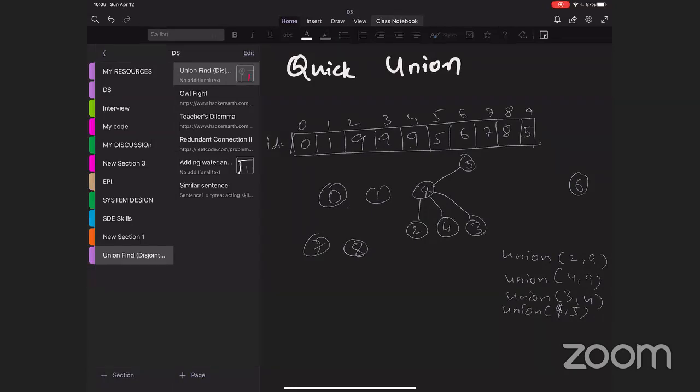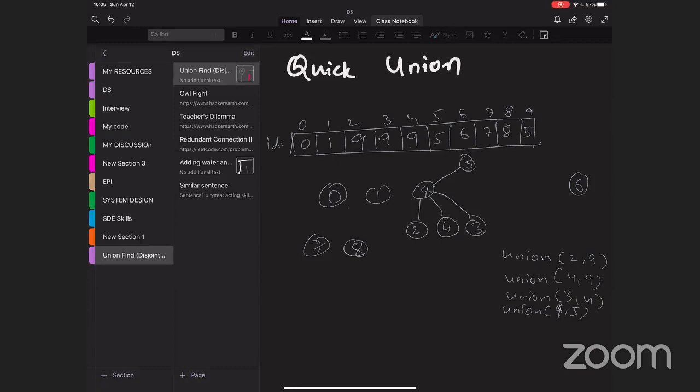So now 9 is taken out of group 9. That formed a new union of 5. So there are now two unions, with ID 9 and with ID 5. 9 was earlier part of 9, but now it is part of 5.